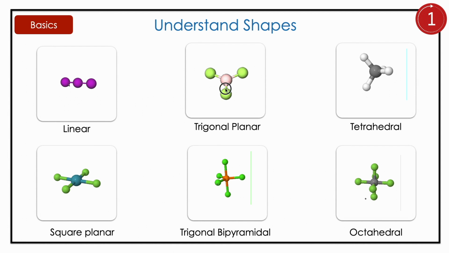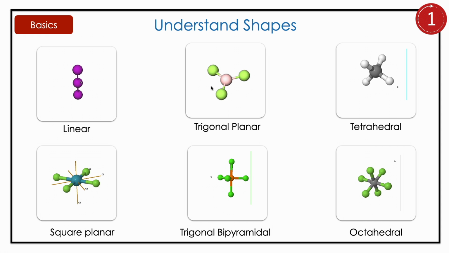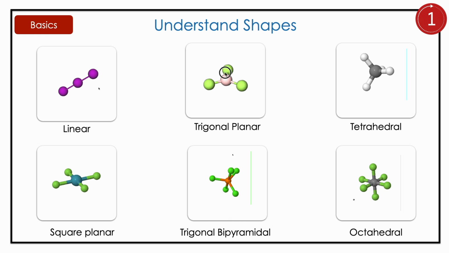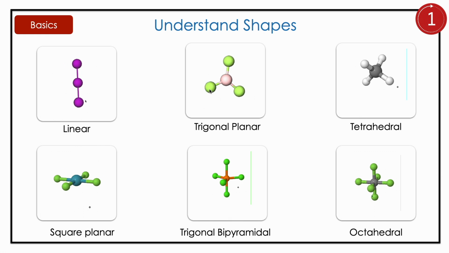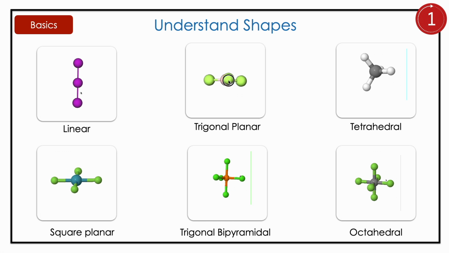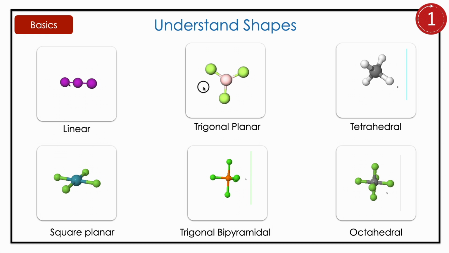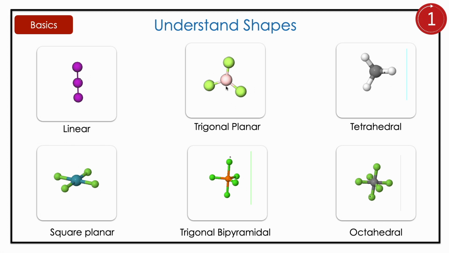Before getting into the detail, you should know the fundamental shapes. Linear, everyone will know. Linear arrangement of atoms. Trigonal planar means the middle atom is connected with three different atoms. Tetrahedral means atoms placed at the corner. Square planar means in a plane like a square, atoms are placed at the corner.